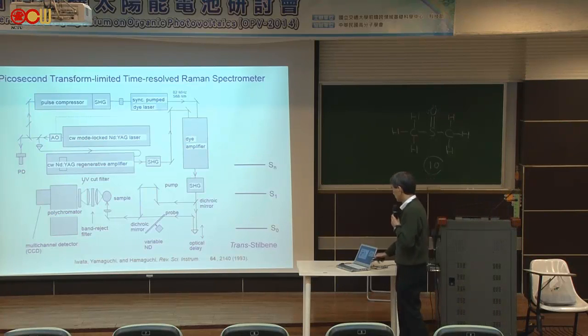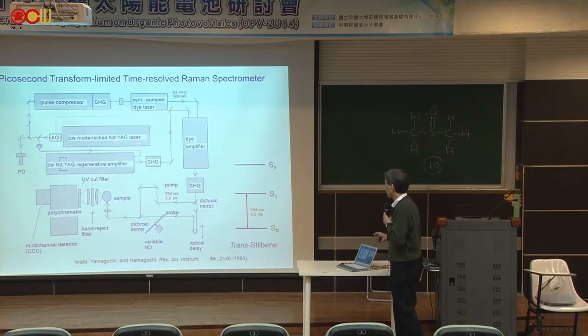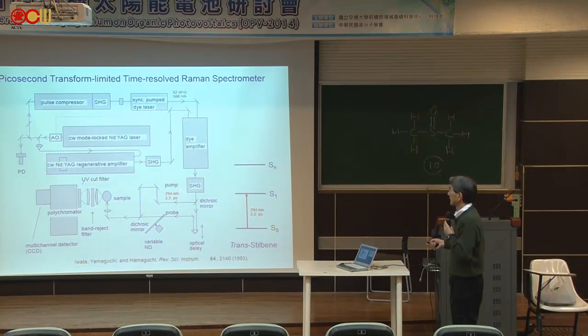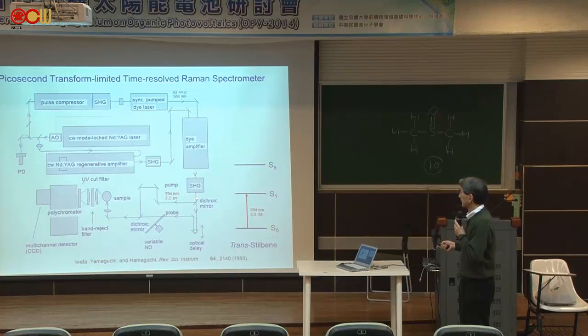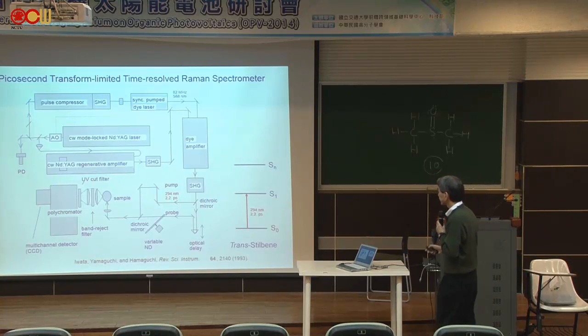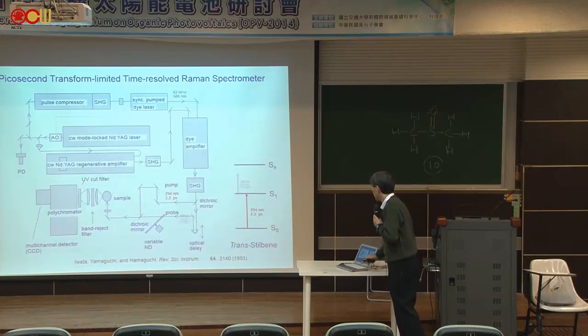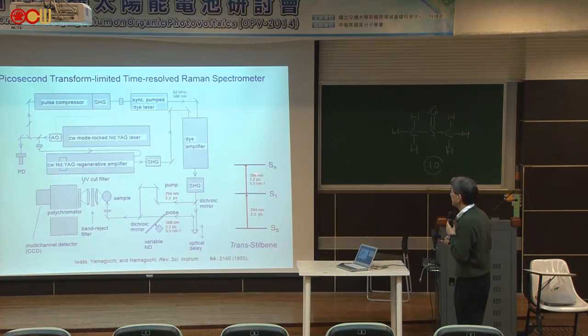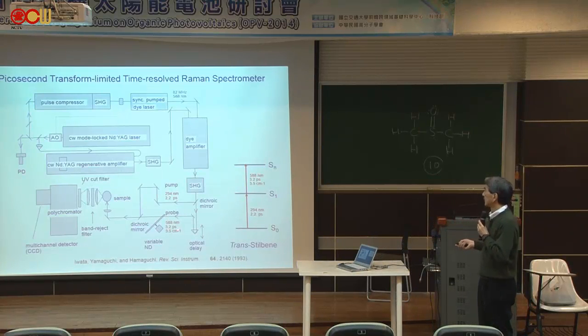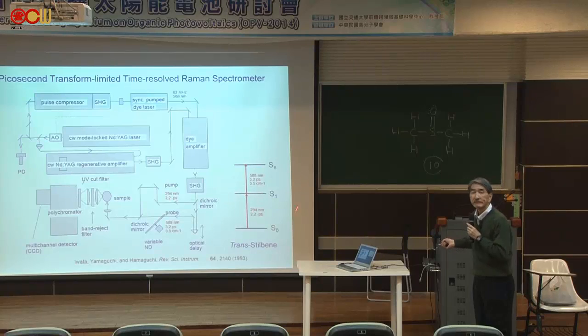What we do is first use a 2.2 picosecond pulse at 294 nanometers to photoexcite the molecule into the excited state. This is the pump pulse. Then we use a 588 nanometer, 3.2 picosecond pulse to probe the resonance Raman scattering of the S1 state.